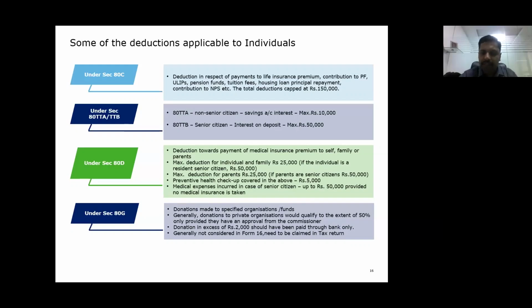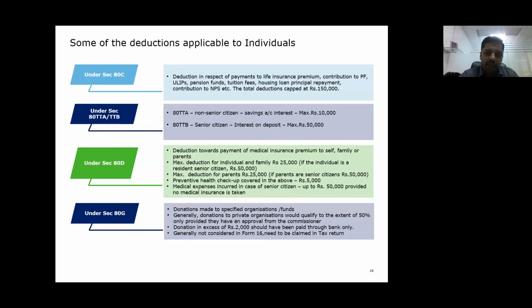There is no hospitalization required, like 24 hours or 2 days in hospital. There is no such condition. Even general medical expenses for their treatments, checkups and medicines are covered here. However, as an employer, you should collect the receipts for this. Then only I'll advise you to provide this deduction.